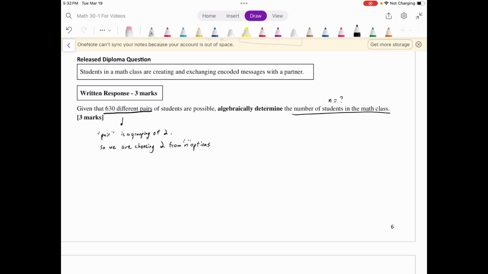So if 630 pairings or combinations are possible, that just means that n choose 2 equals 630, right?